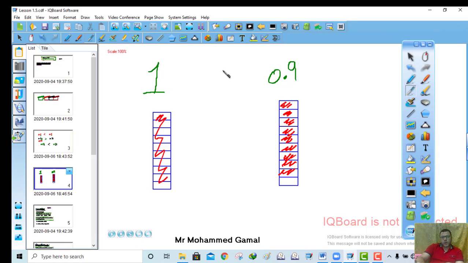So the whole one is bigger than the 0 point number. Any whole number is bigger than any decimal number which is less than the whole number, like 0.9, 0.8, 0.7.